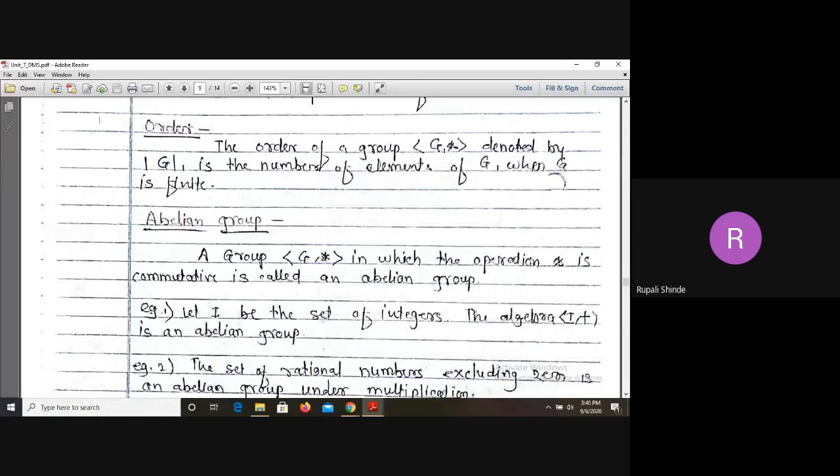Let I be a set of integers. Then the algebra I, plus, is an abelian group. Yes, because I is a set of integers, and here we have defined addition operation on these elements.